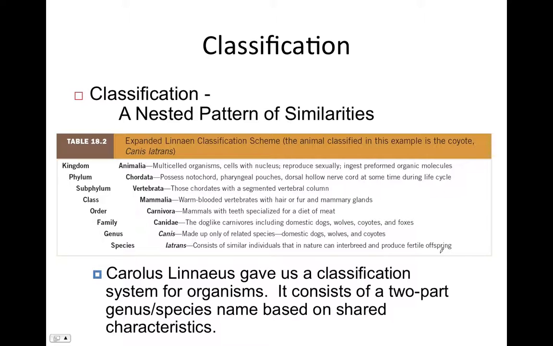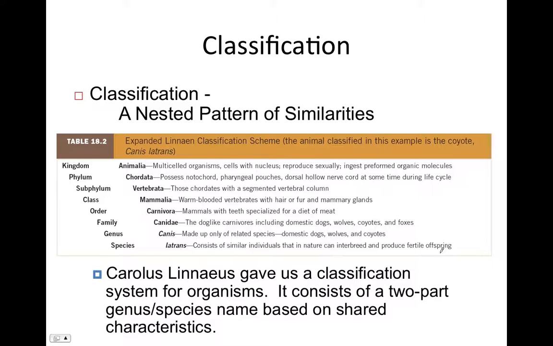Because it's the product of two individuals from different species, a liger cannot reproduce itself. It's sterile. Same thing with a mule. A mule is a hybrid between a horse and a donkey.